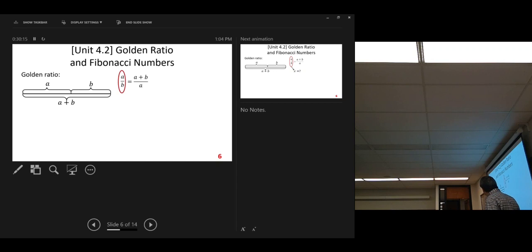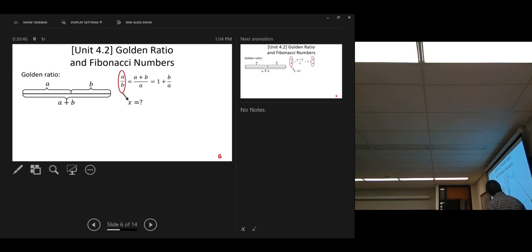To find it, let's use another variable to represent this ratio. X equals that ratio, so we find X. Now 2 variables become 1 variable. Now let's look at the right-hand side.